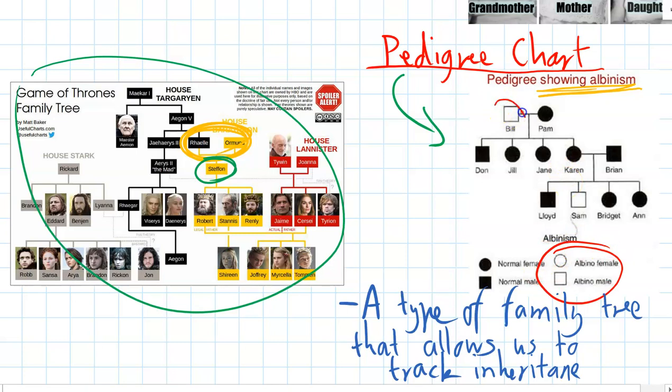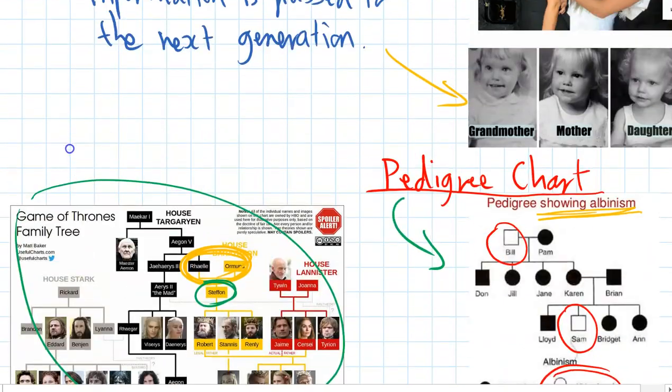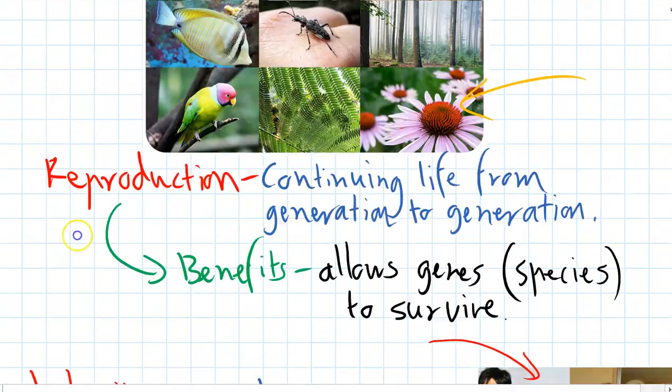So Bill was the first person in the family to have it, and then his grandson Sam also had albinism. And scientists and doctors use pedigrees to follow particular, often it's diseases, all the way through generations. And it helps them to predict whether individuals themselves will actually have a disease. Okay, so that's a few of the basics of inheritance.